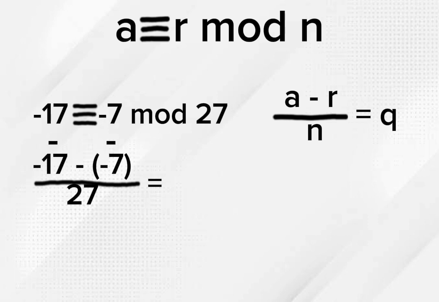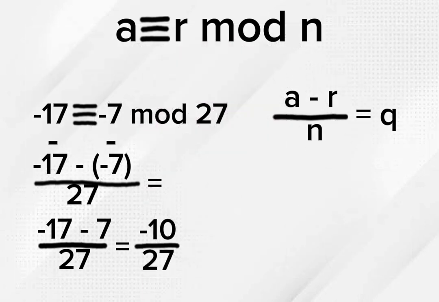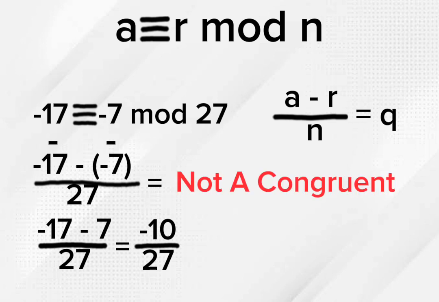So negative 17 minus negative 7 will be negative 17 plus 7, equals negative 10. Then we copy 27, and since we cannot simplify it anymore, it is the answer. And since it is not an integer, then negative 17 is congruent to negative 7 mod 27 is not a congruent.